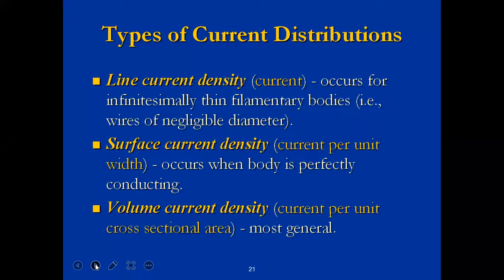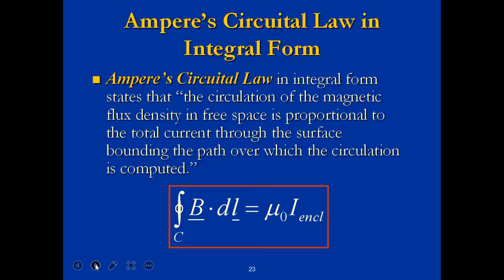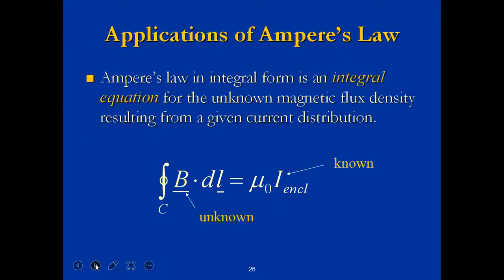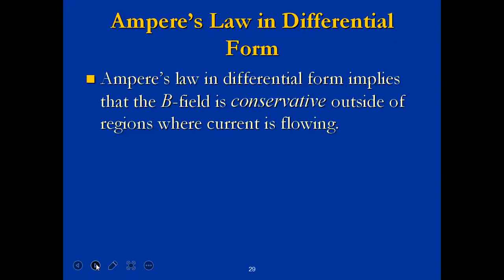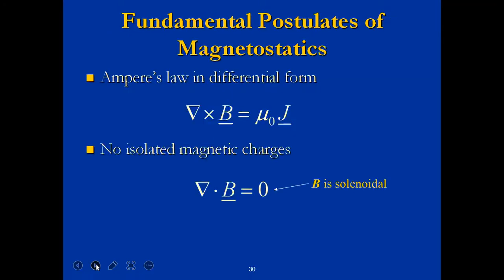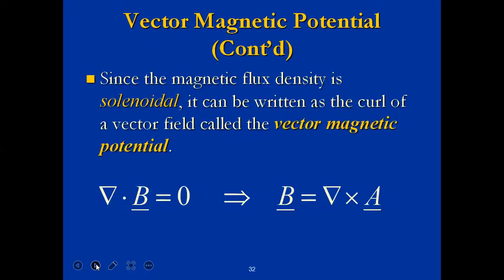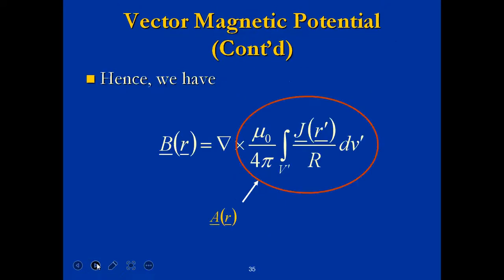And types of current distribution we have also studied, and Ampere's circuital law in integral form, and Ampere's law and Gauss law. Application of Ampere's law, we have derived some applications, and for isolated magnetic charge, this is the vector magnetic potential.